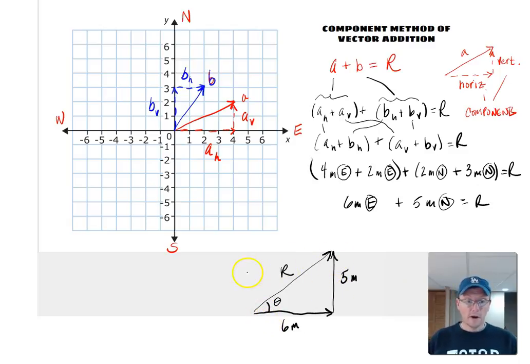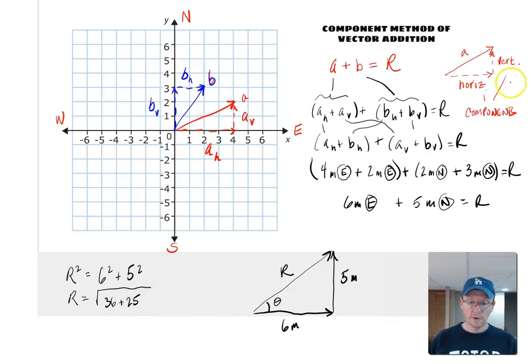Okay, so to figure out r, I use the Pythagorean theorem. So a squared plus b squared equals c squared. So to figure that out, I'm going to say r squared equals 6 squared plus 5 squared. So r equals the square root of 36 plus 25. And unfortunately, my brain, she's not so good.